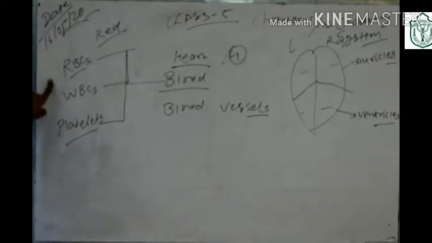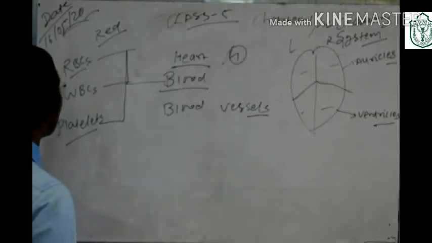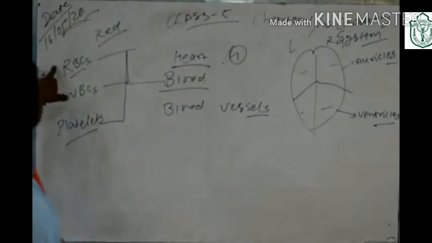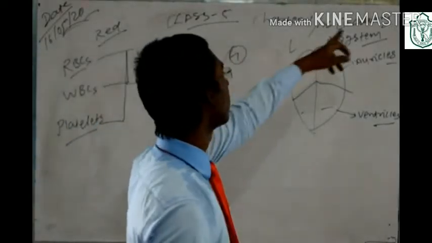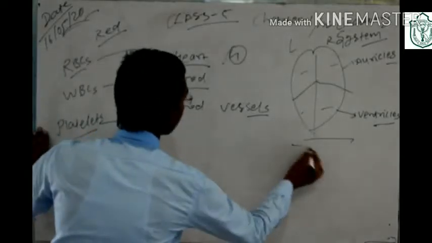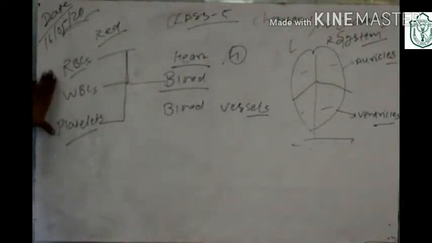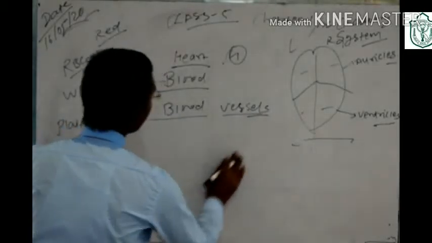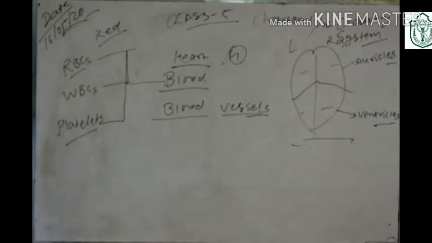And this is the blood which moves throughout our body. The movement of the blood we study in the system that's called the circulatory system. In the previous video, I discussed the heart and blood. Now today, I am going to discuss the blood vessels.